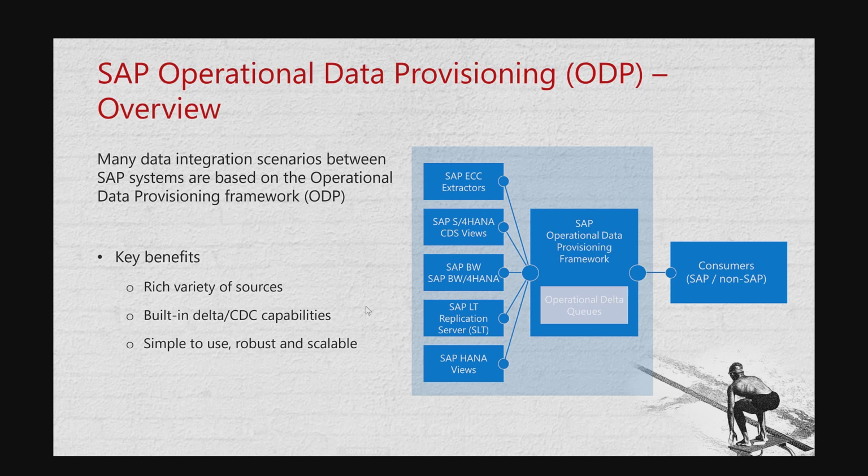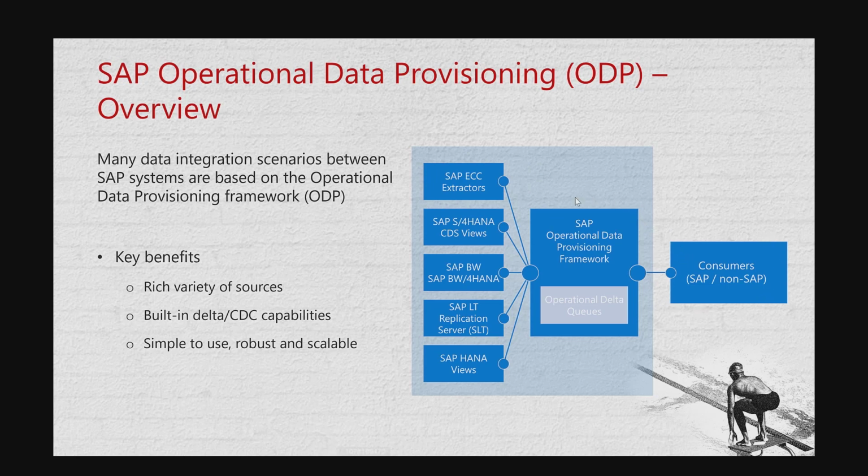Another important aspect of the ODP framework are the built-in Delta or CDC capabilities. So for many of the sources which you see here on the left-hand side, ODP is able to not only expose the data via full loads, but also in an incremental or Delta mode, so that you can basically only get the changes which have accumulated since your last request.